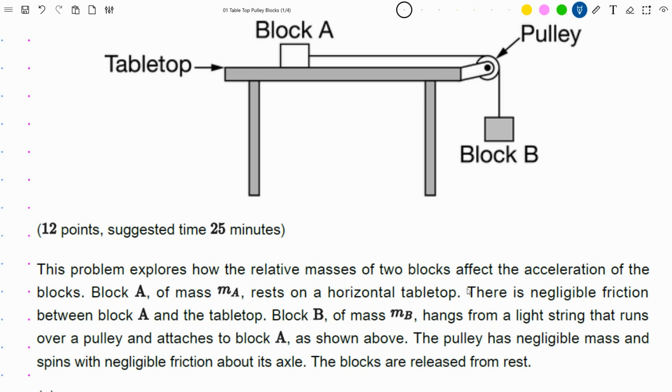With this pulley having a non-ignorable mass, it has a non-ignorable moment of inertia. And of course, as block B falls down, accelerating faster and faster, necessarily, if this string, which I think is safe to assume is not going to just slip across the surface here, it's going to have to accelerate this pulley to spin faster and faster and faster.